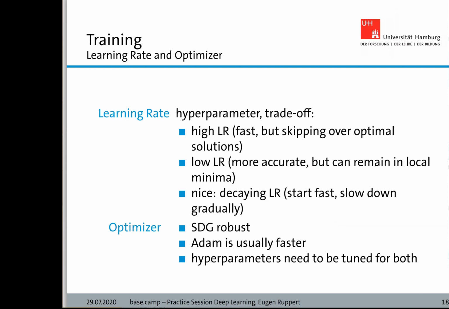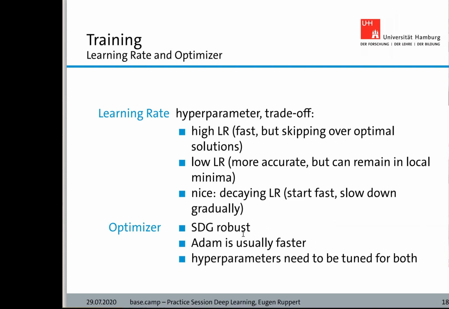Okay, during training, you can set several things. You can set the optimizer and your learning rate. For an optimizer, what you have seen now is stochastic gradient descent. So you calculate the gradient and just go down your gradient to arrive at the minimum.